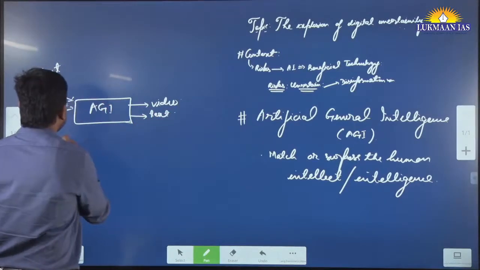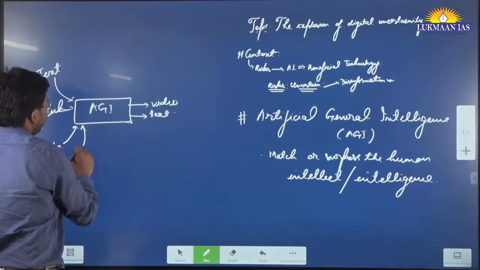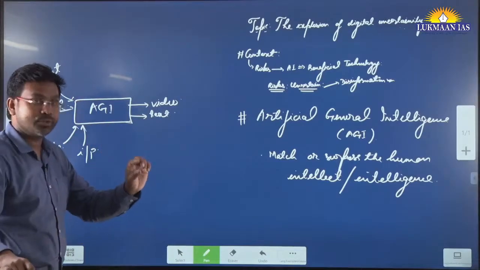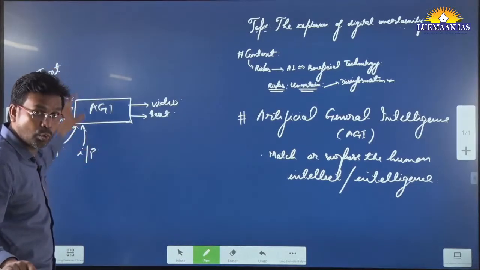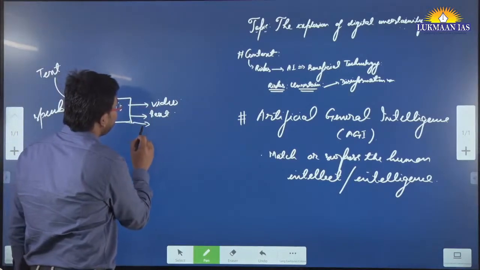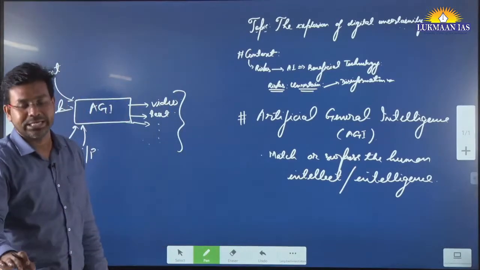It will be able to take input in various forms, it will be able to process the inputs from various forms, it will be able to make correlations between them, and it will be able to give output in multiple ways, and it is going to surpass the human intelligence.